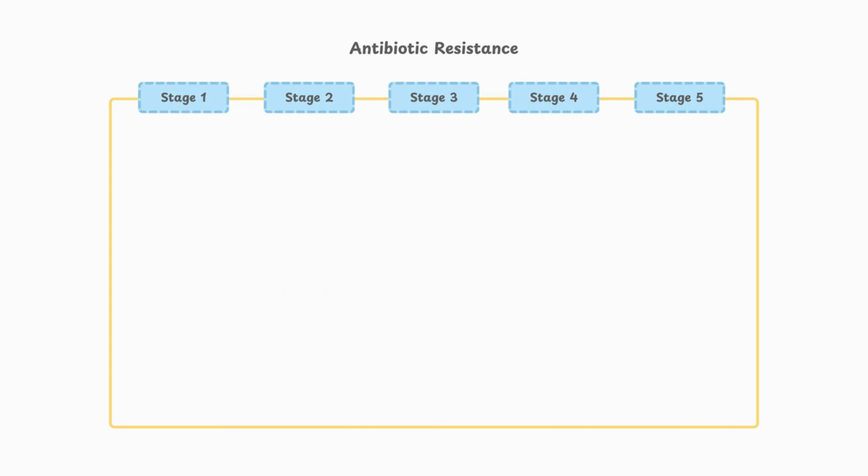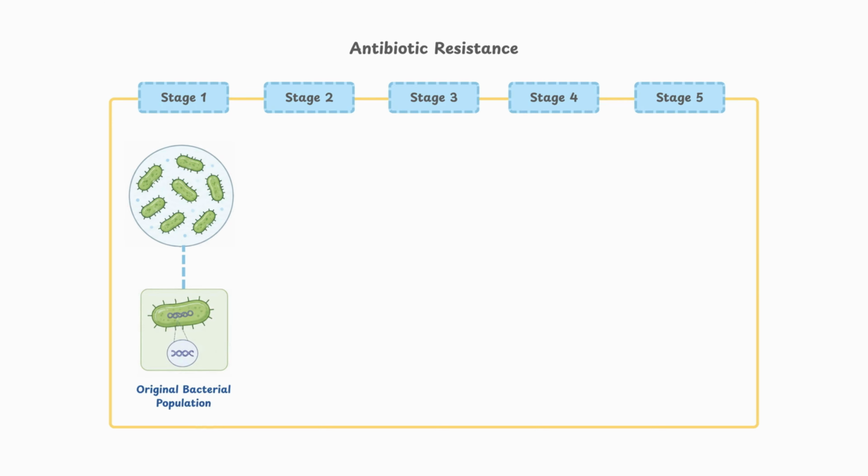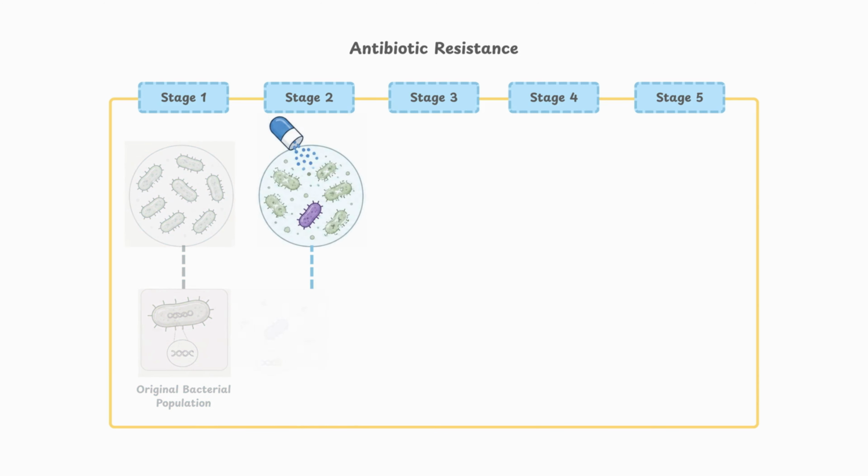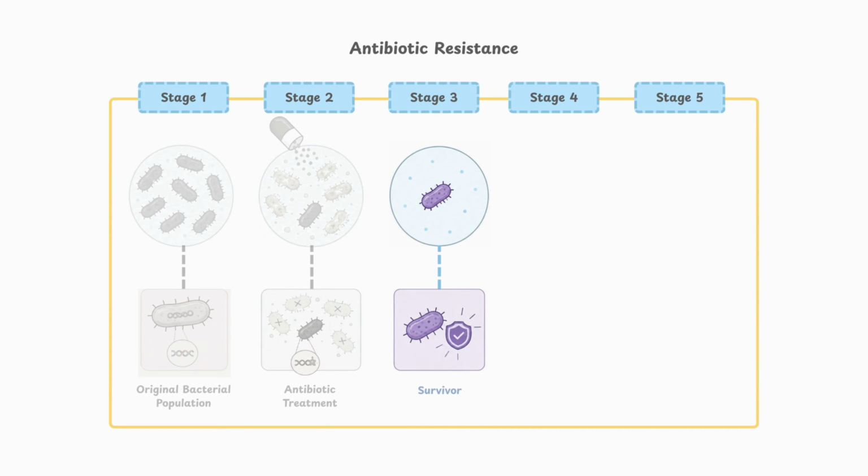One of the biggest challenges in modern medicine is antibiotic resistance. Let's see how it develops. In a large population of bacteria, a random mutation may give one bacterium resistance to a particular antibiotic. When the antibiotic is used, most of the bacteria are killed. However, the resistant bacterium survives because the antibiotic no longer affects it.